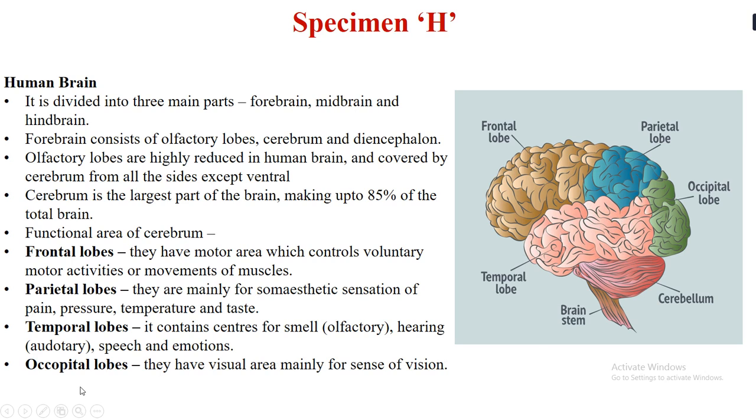And then the occipital lobe, which is shown in green color, having only the visual area. So it is responsible for the sense of vision in your body. A picture or specimen of the human brain will be kept, and you have to comment about this.